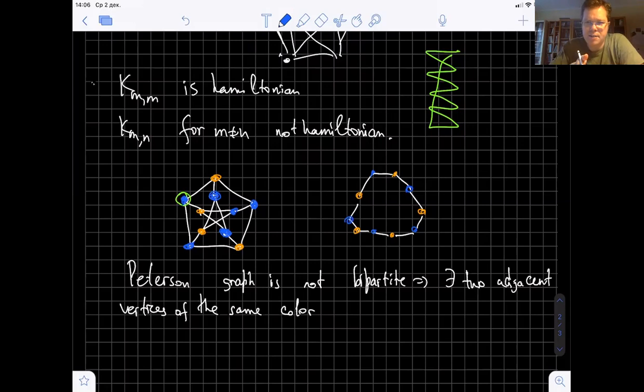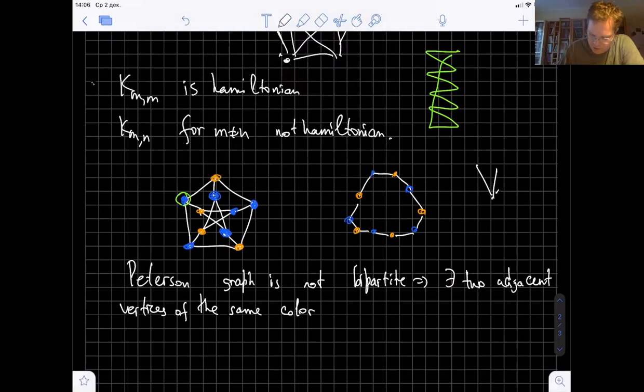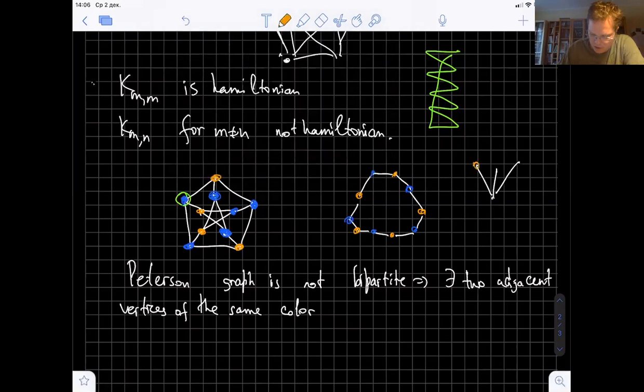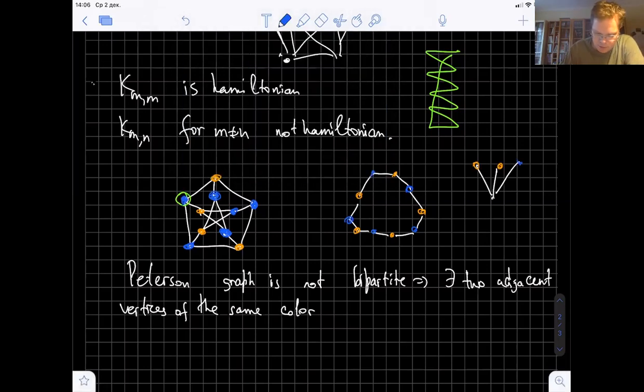Do you understand this or not? So if I have a vertex of degree 3 and two orange vertices and one blue, then my vertex must also be blue, because my Hamiltonian cycle must go through this vertex, and it can only pass if the neighbors are the same color, because I cannot go from blue to blue.